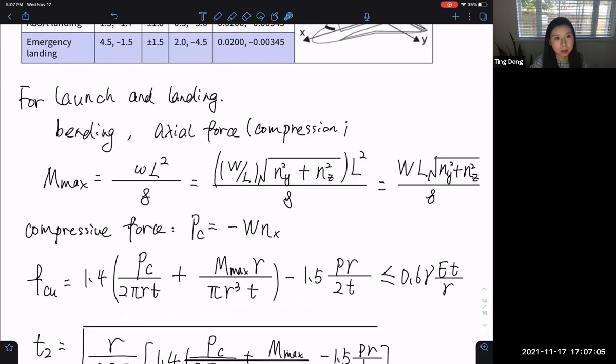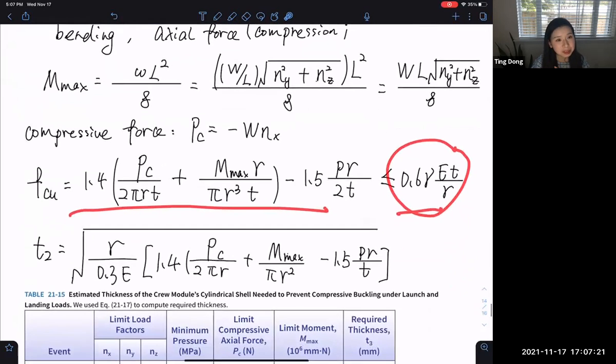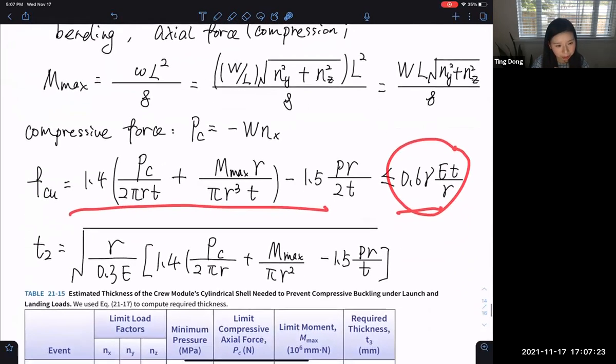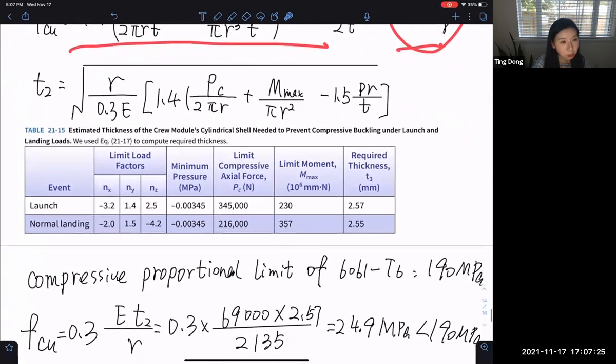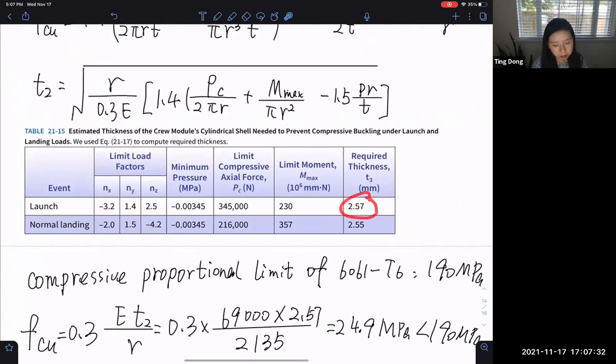And this total compressive stress should be smaller than, remember the equation I just talked about? This is the threshold to cause a buckle. So we want to make sure that this stress will not cause it to buckle. And based on this equation, we calculate, of course, during the launch and during the landing, they have different load factors. So we calculate the optimal thickness for the launch situation is 2.57, and for landing is 2.55.